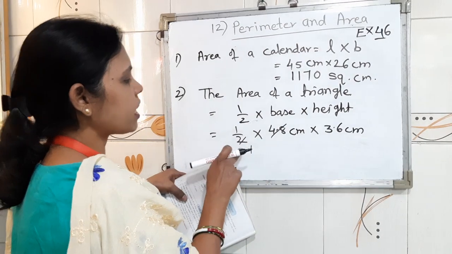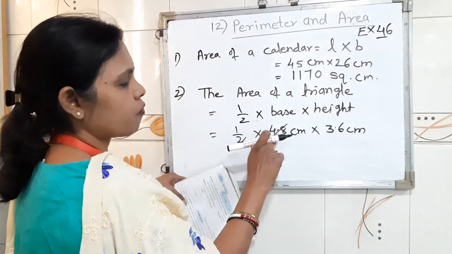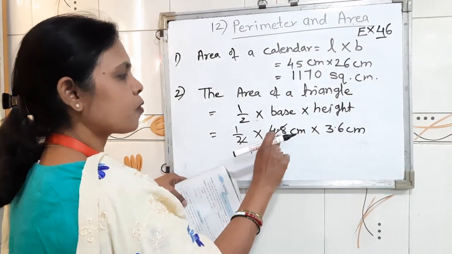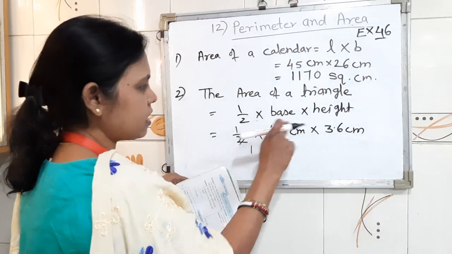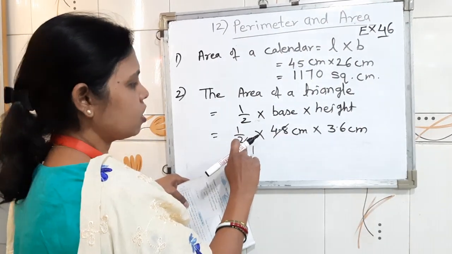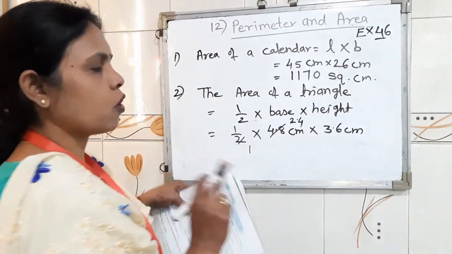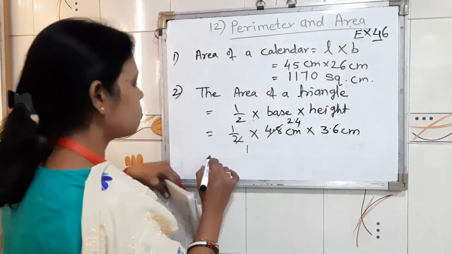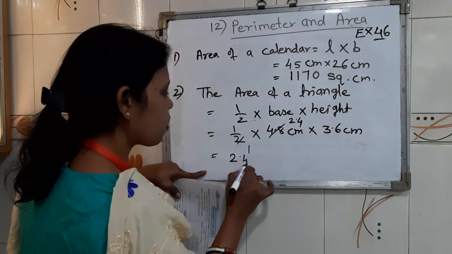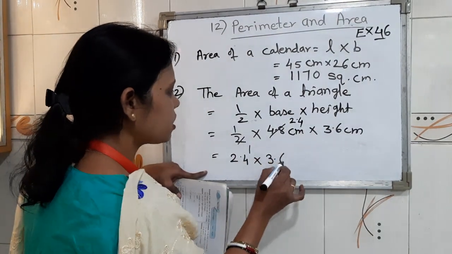Here I am going to cancel 2 into this one, 4.8. 4.8 is numerator and 2 is in denominator. 2 1s are 2, 2 2s are 4, 2 4s are 8. We got 2.4. Now what we will do? We will multiply 2.4 into 3.6.